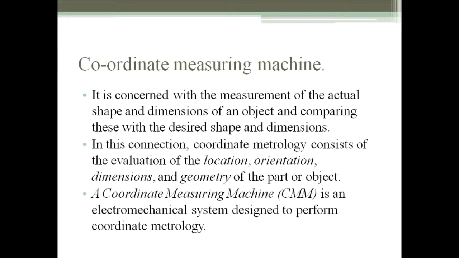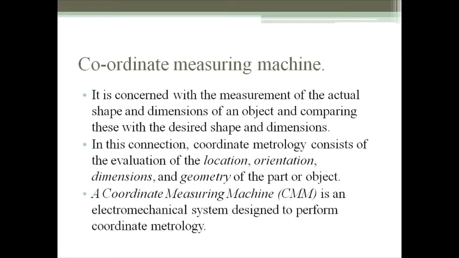So this is one of the measuring machines which is used for the measurement of the actual shape and dimension of the object, and it compares with the standards. Now next we are going to see the features.